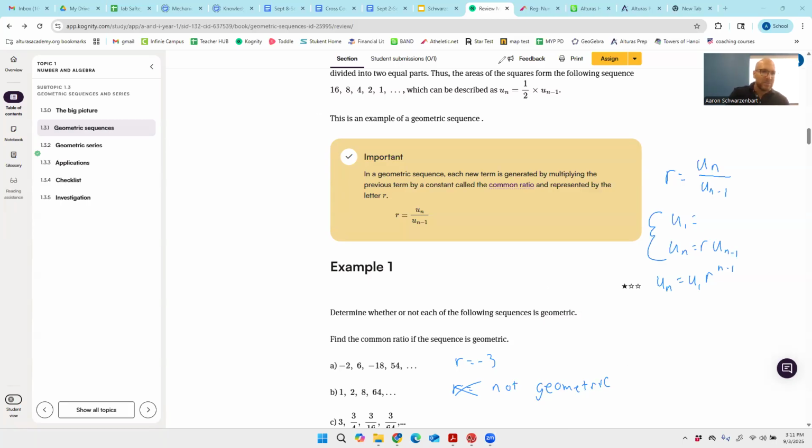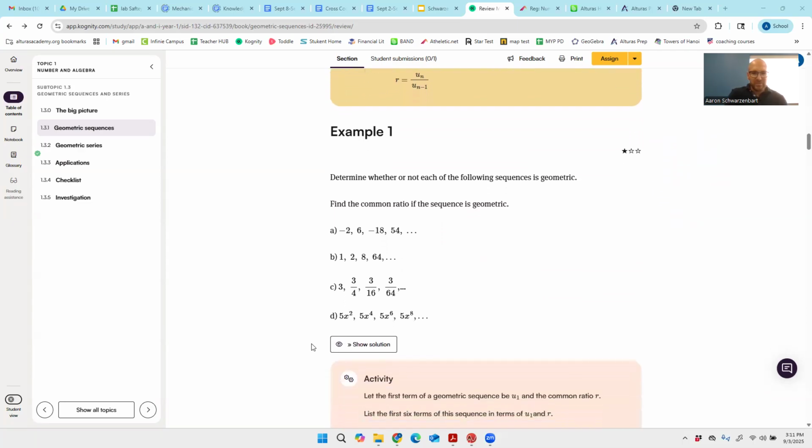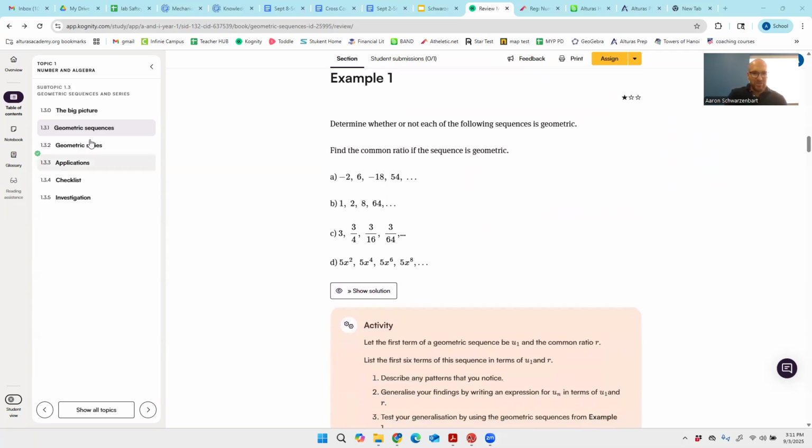Okay, guess I gotta clear these. Our third one here is multiplied by 1/4. 3 times 1/4 is 3/4. 3/4 times 1/4 equals 3/16.